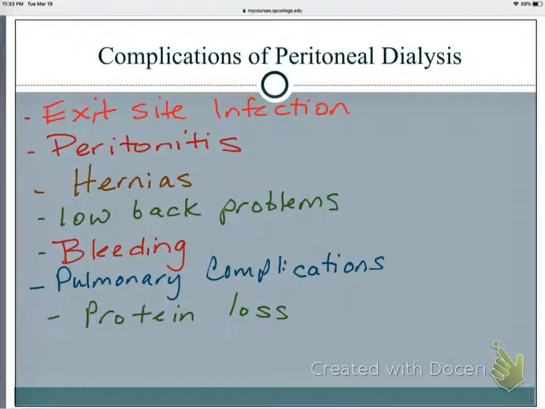To treat this, we can do binders to help support the abdominal girth. We can also do exercises, right, to help strengthen your low back muscles. Cardiovascular exercises, running, that kind of exercise will help those low back muscles. For anybody who does have low back problems. I know I do. Okay.